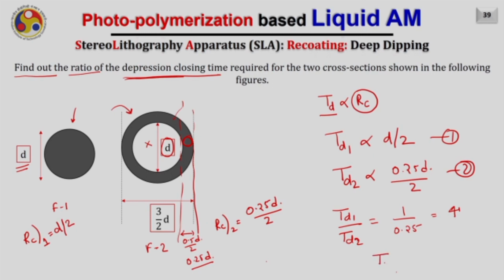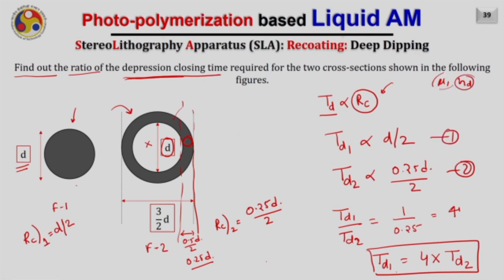Hence, the time required for closing the depression in case 1 will be 4 times more as compared to case 2. This is based on the analysis of the critical radius, assuming that, of course, mu and HD are the same for both cases.